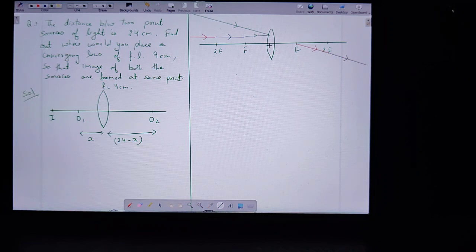So the only case possible is that if for one object the image formed is virtual and for the other object the image formed is real, then only it will happen that both can coincide. Got it? Understood. Yes. Okay. So say image is at a certain distance.